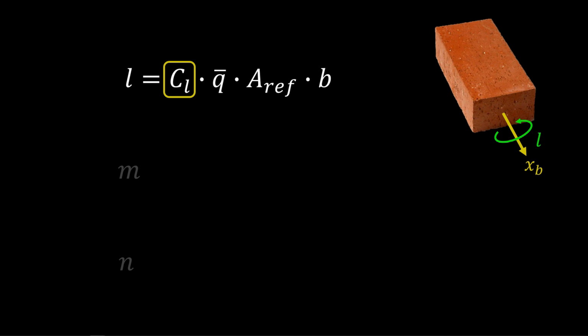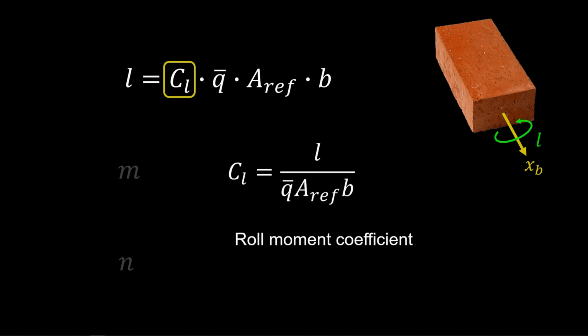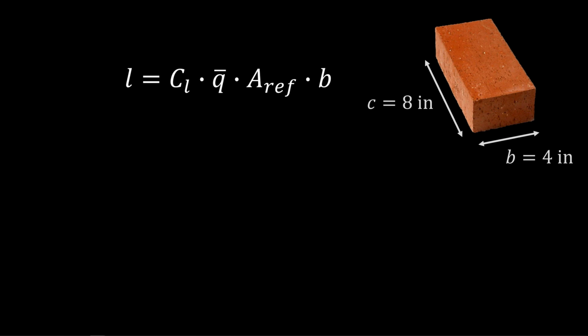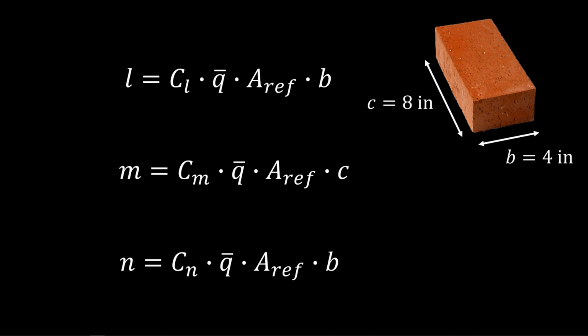It follows that the roll moment coefficient is the actual moment on the body, L, divided by the reference moment. And similarly, for the other moments, we obtain 3 basic moment equations. Various aerodynamic effects are all captured in the CL, CM, and CN coefficients in a so-called aerodynamic buildup.